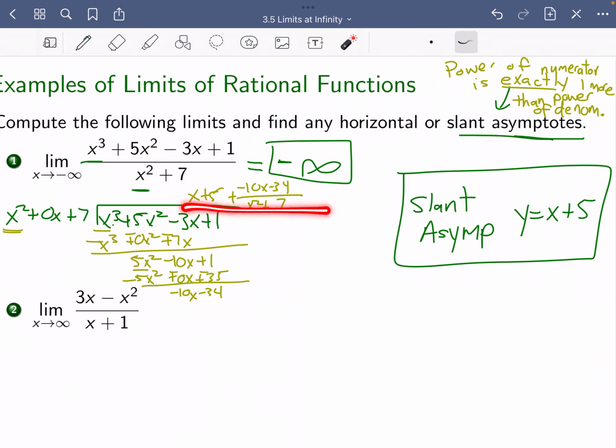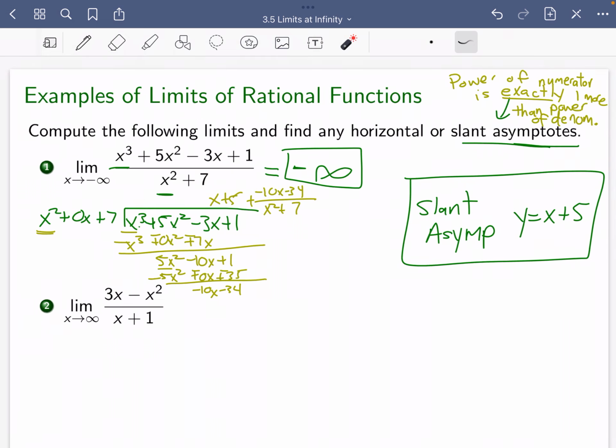Well, that came from this work right here. So in the long run, when our x values get really large, this stuff right here is going to head towards 0. And so the end behavior, the long run behavior of this, is it's going to behave like y equals x plus 5. That is a slant asymptote that we are going to have.